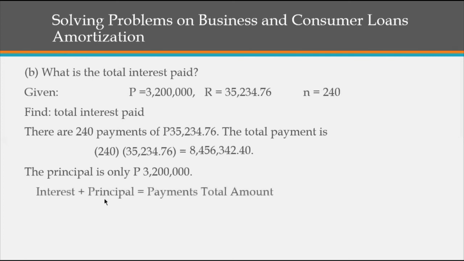So, siyempre, yung payment kasi, total amount, interest plus principal. Eh, ang target natin ngayon ay yung interest. So, ang mangyayari lang nun ay difference lang nitong total payment minus principal para makuha yung interest paid.